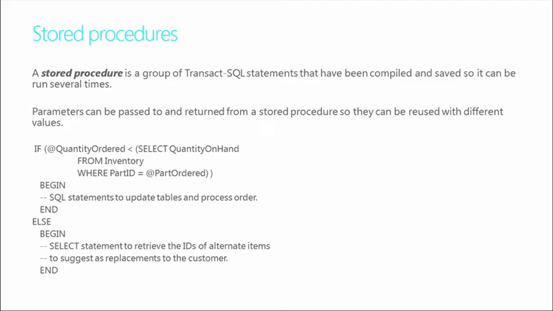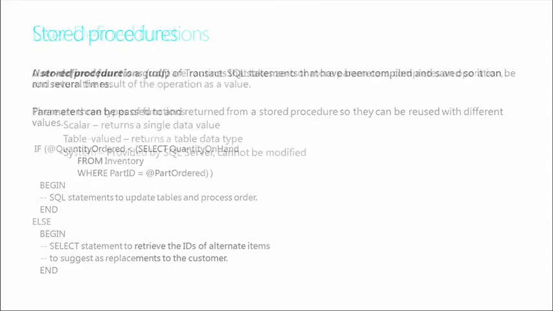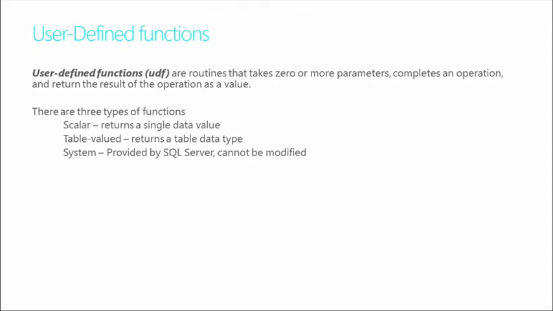So I can create a stored procedure that can be run multiple times over and over again. It actually gets compiled, which means it's going to run a little bit faster, be a little bit more efficient. And we can pass parameters to it so I can run it and reuse it multiple times and be able to get results back based on the parameters that I passed into it. So this is just a brief little example of how we use that and pass parameters into a stored procedure.